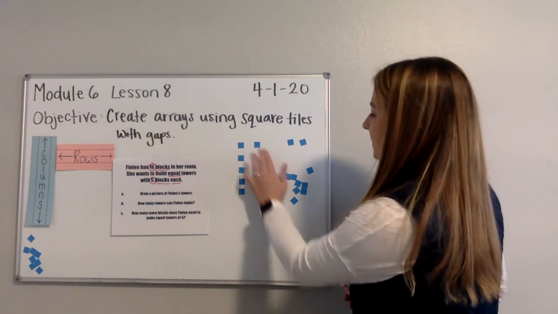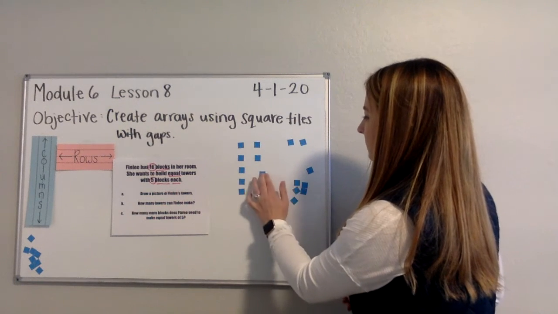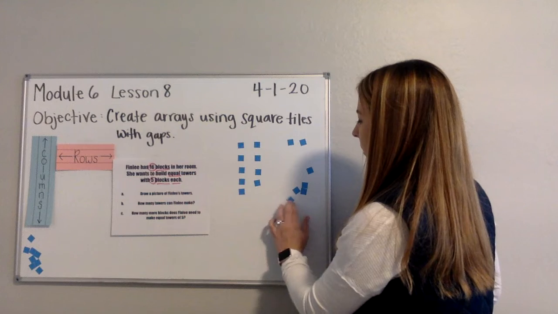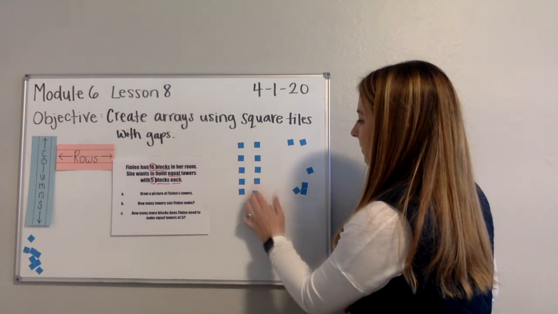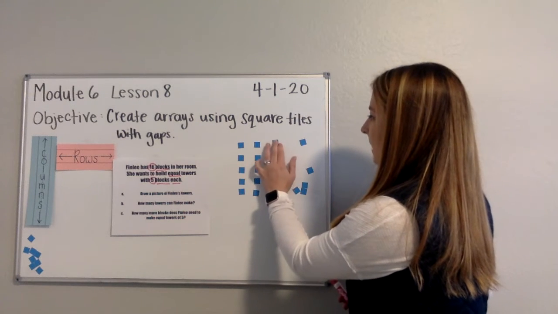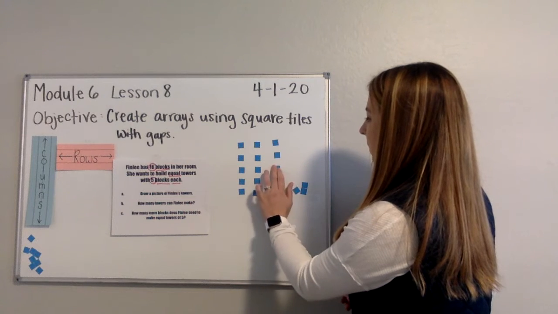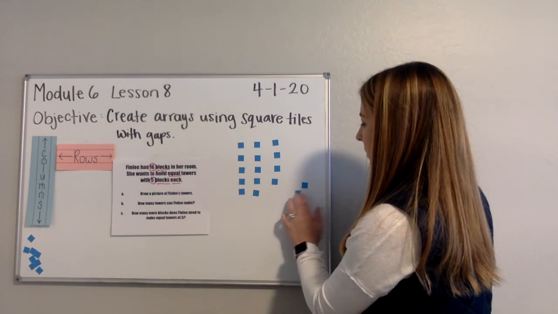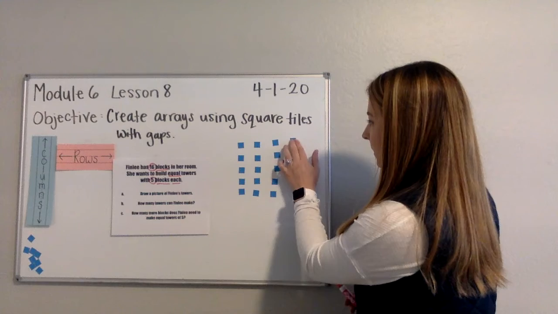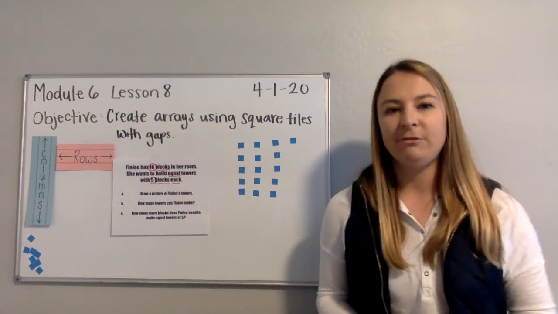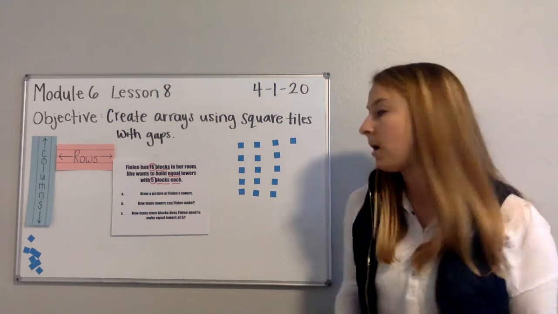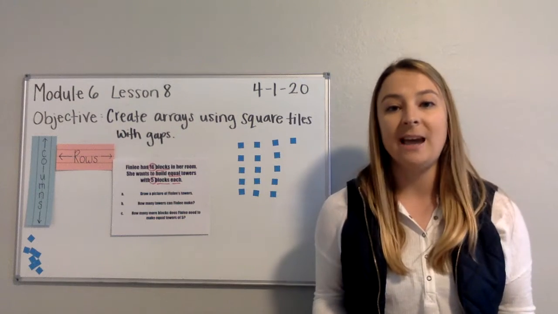And I can make a second tower or column of 5. And I can move on to a third column or tower of 5. And now I have a leftover one. So I've completed part A. I drew a picture of Finlee's towers.